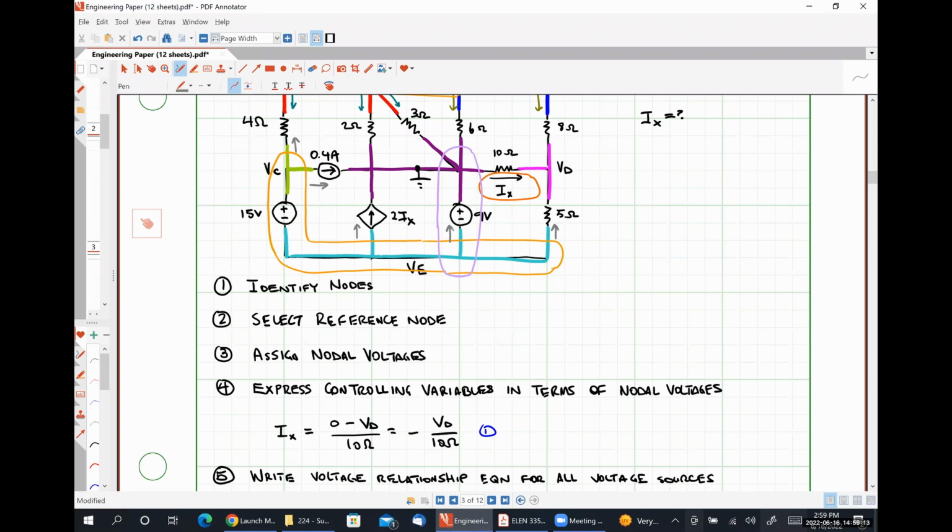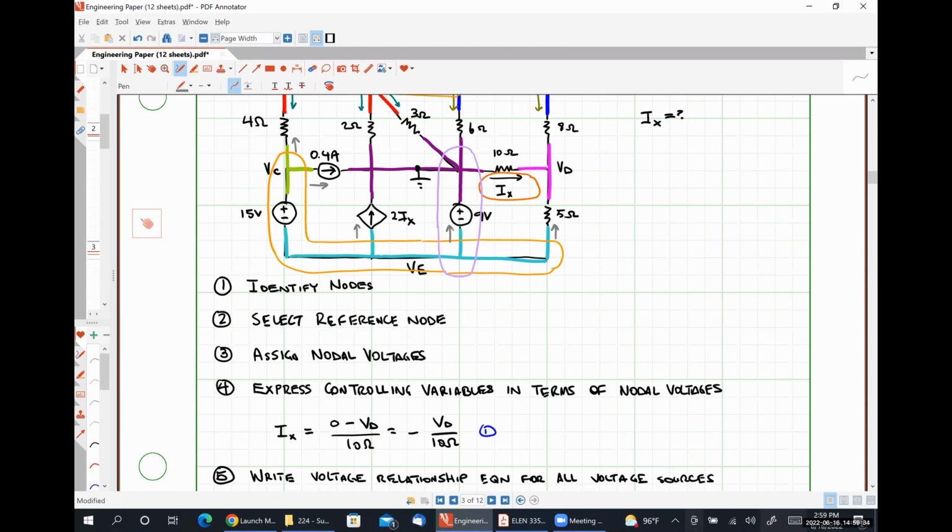Since this contains the reference node, we don't actually have to write a KCL equation for this either, okay? So anytime we have voltage sources that are connected and one of them is touching our reference, we don't have to write a KCL equation.